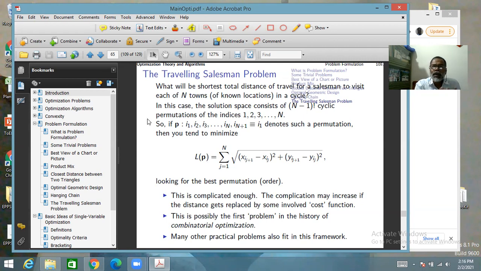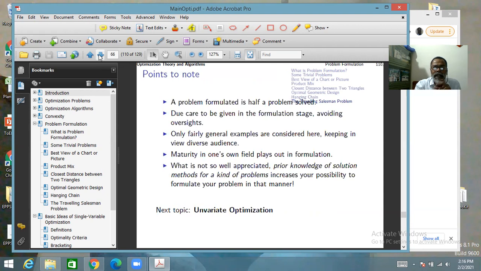So in this lecture, we have seen a few examples of problem formulation. And now to summarize everything that we have discussed, make note that a problem formulated is half a problem solved. That is why you should formulate the problem reasonably well. And in the formulation stage, due care should be given to all the issues, avoiding oversights.